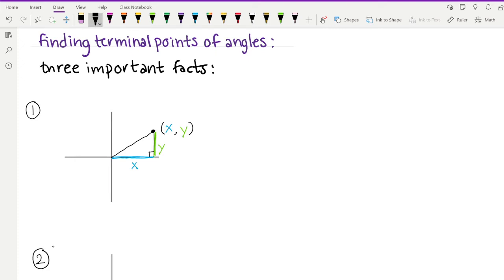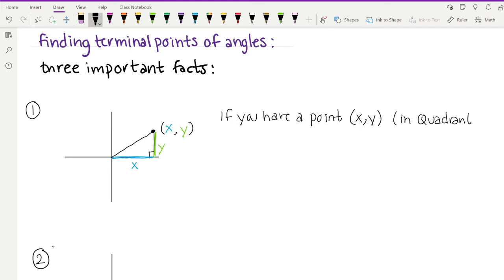So let me summarize that. If you have a point x, y, and specifically in order for what I write down next to be completely true, it needs to be in quadrant 1.